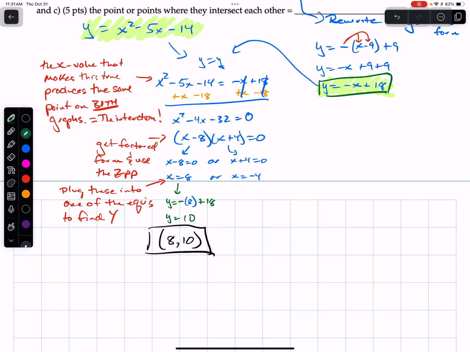And on the other side, I'll have y equals minus negative 4 plus 18. So that's y equals 4 plus 18. So y equals 22. And our point is negative 4, 22.